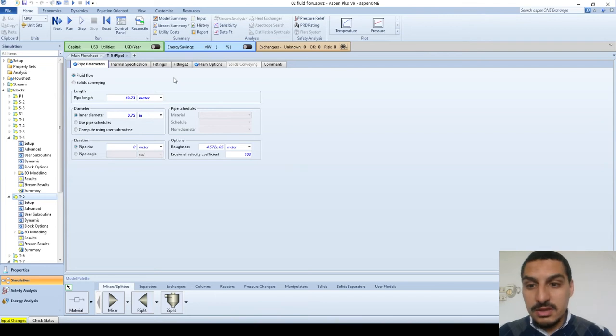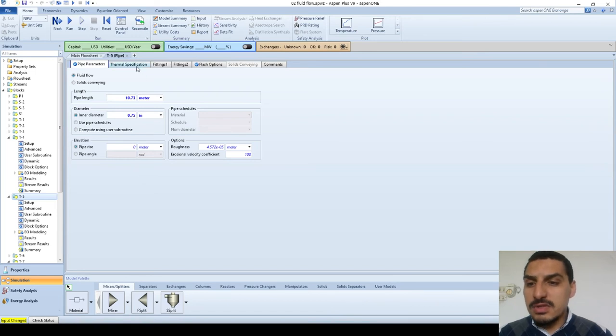Here we put the pipe dimensions, the length, the diameter, and the elevation, if there's any elevation, and the pipe roughness. And this is the part where we put the important information, the information that the software will not run the simulation without having entered.